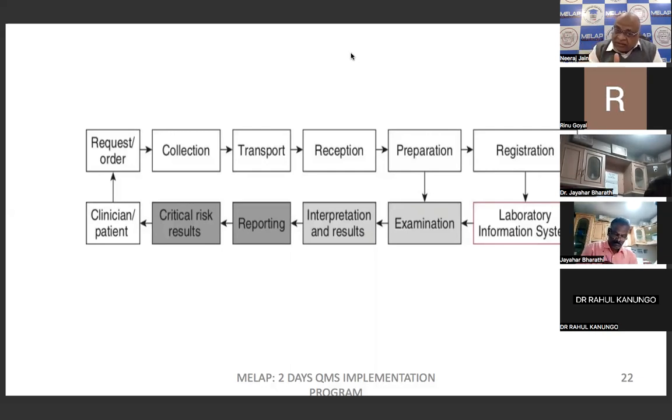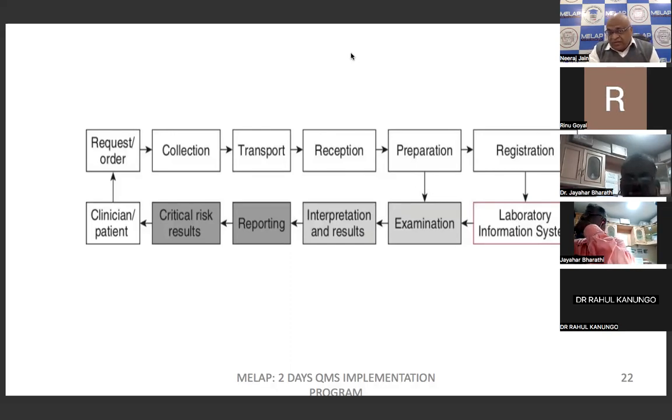If some critical result is there, that is informed to the clinician, and then the clinician takes a decision accordingly. This is a process, a flow of activity. It follows some sequence.